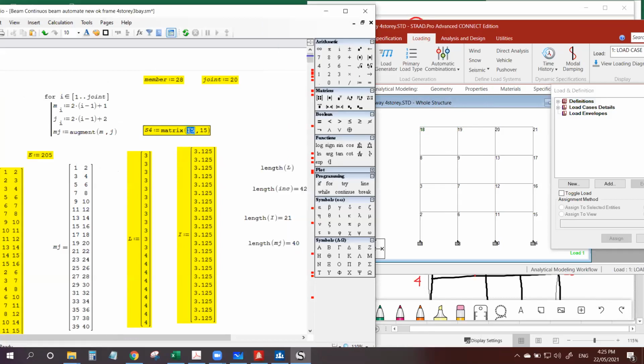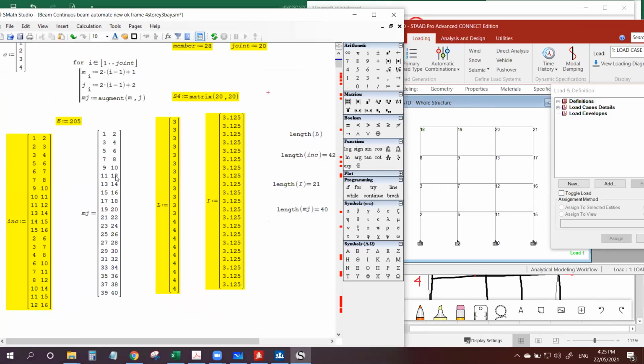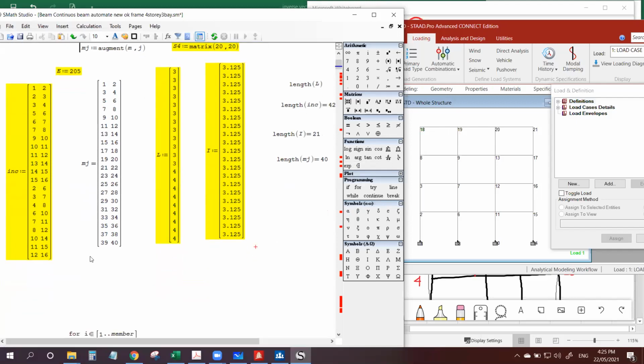So this becomes 20 by 20. I think this is the tedious part, no? So I'll add 1, 2, 3, 4, 5, 6, 7. We will add 7 data here.